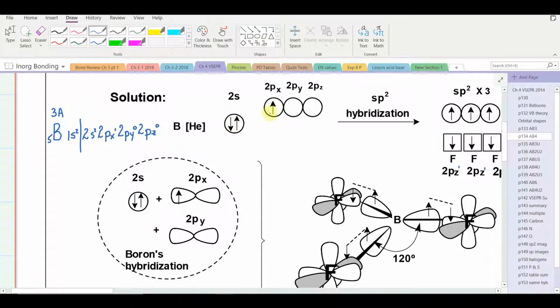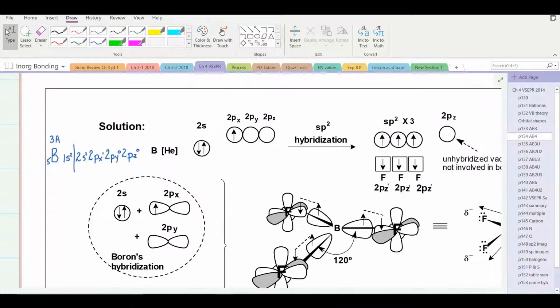To form the compound BF3, valence bond theory says that boron needs 3 half-filled orbitals. Well, you can see it doesn't. It has only 1 half-filled orbital. Valence bond theory proposes that the 2s orbital is mixed together with 2 of the 2p orbitals to give us 3 sp2 hybridized orbitals.